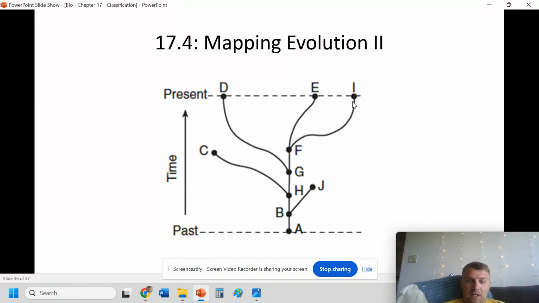The most recent common ancestor between I and D is going to be G, because we go back in time and find the first location where D and I are most closely related, and that's G. All of these species are related to A then, because A is the first species that began this evolutionary tree.